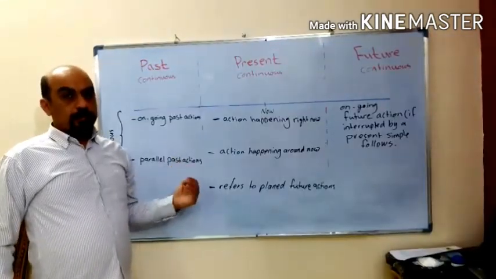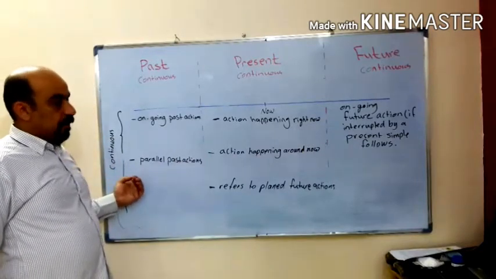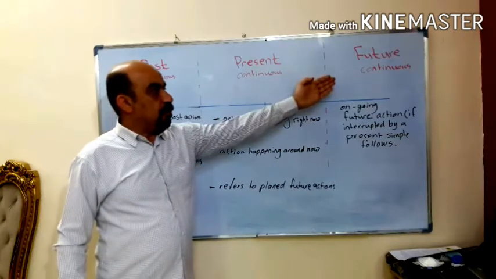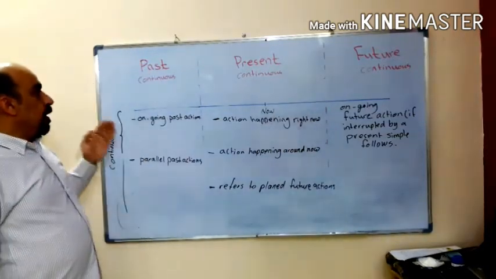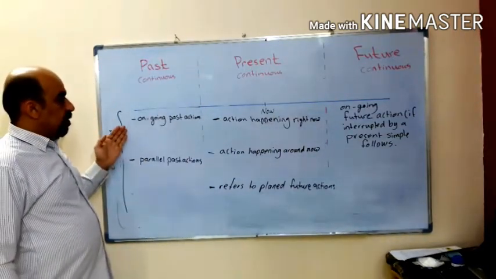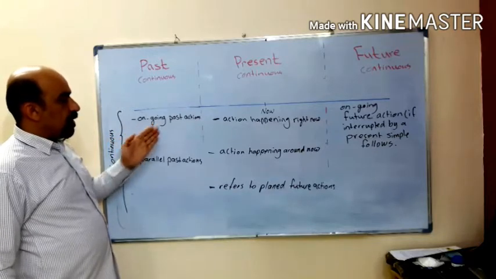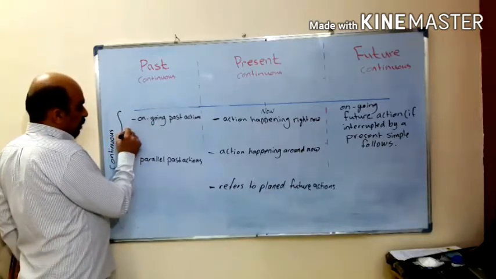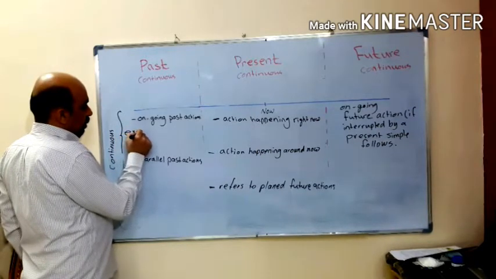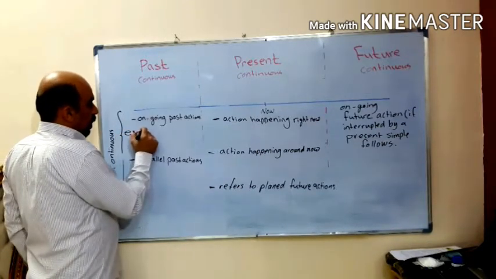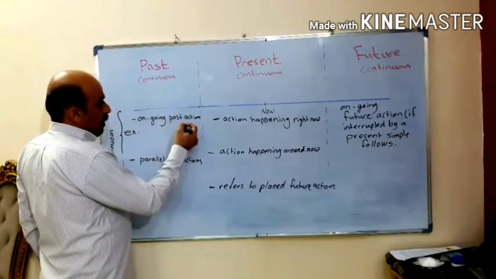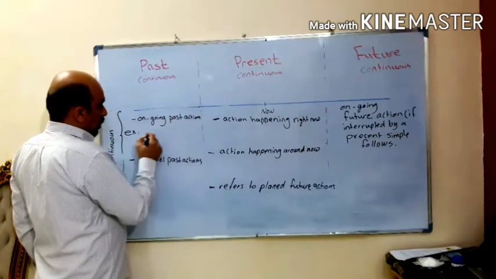Now we move to continuous category: past continuous, present continuous, and future continuous. Past continuous expresses ongoing past actions. For example, if interrupted by an action by past simple.